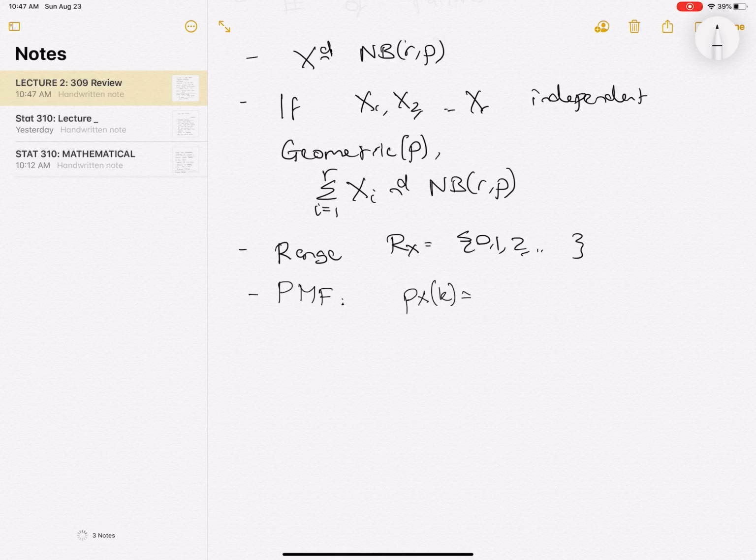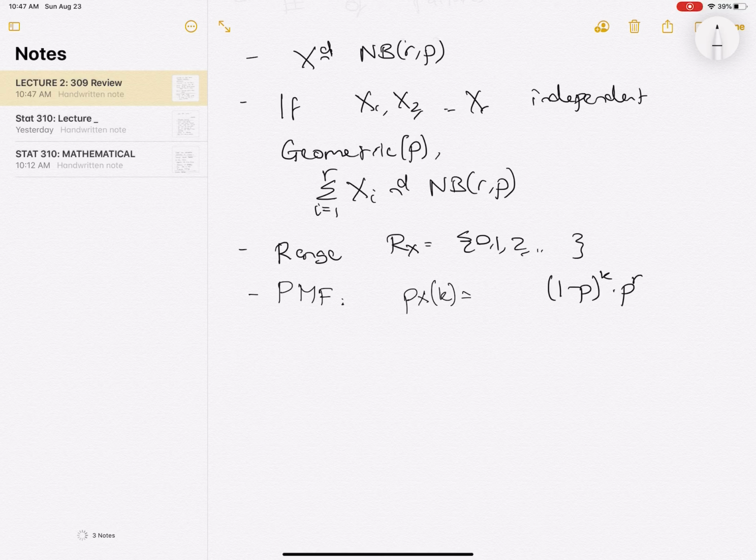So what you can see, which will hopefully be clear, is that you're going to get (1 minus p) to the k times p to the r, because you have exactly r successes and k failures. But then you have to count the number of sequences of failures that you possibly have.